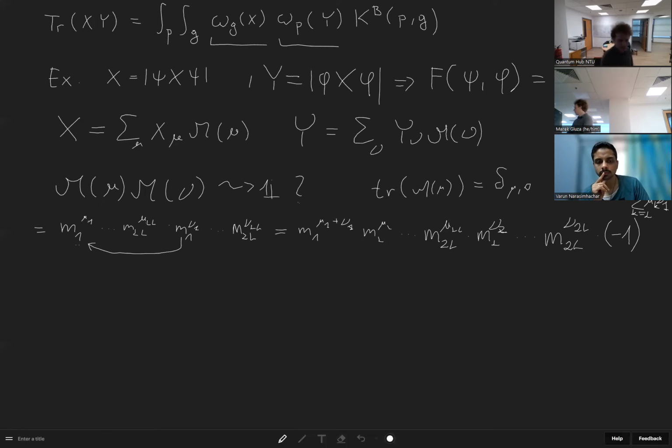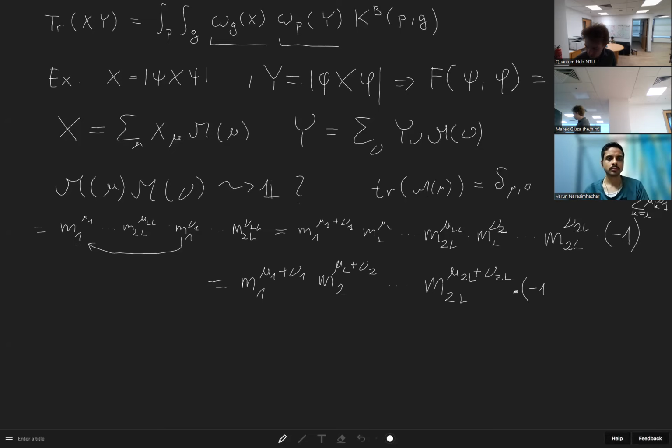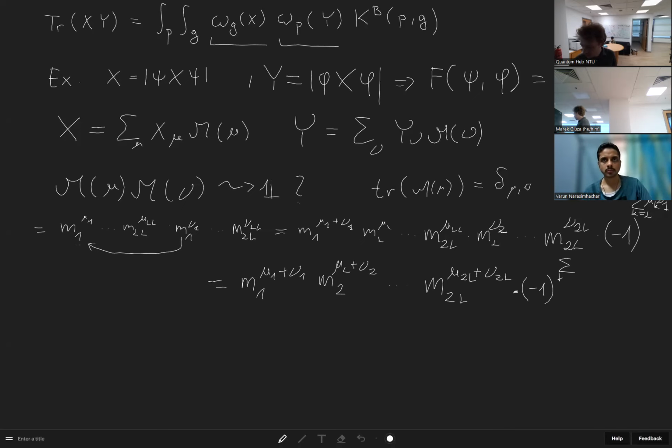So I can continue doing this, and at some point I will get m1 to the power mu1 plus nu1, then mu2 plus nu2 from the second round, and from the last round of moving them, mu2l plus nu2l. But I will have a big phase factor, minus 1 to the summation over k larger than k prime.